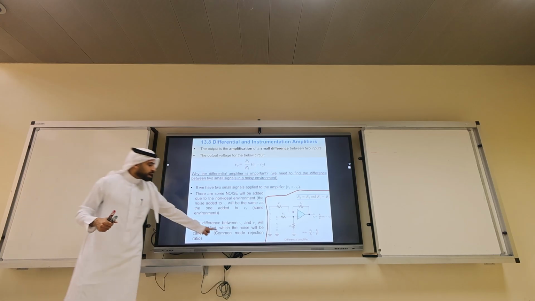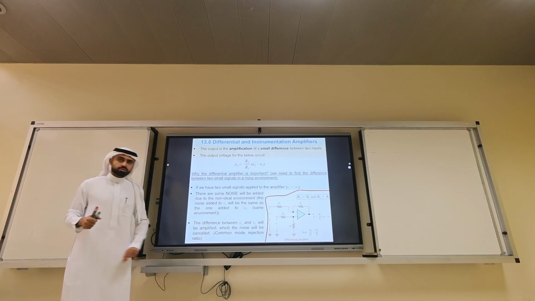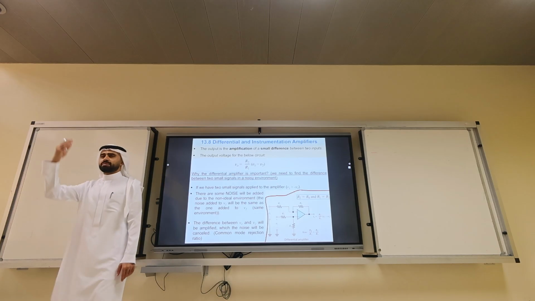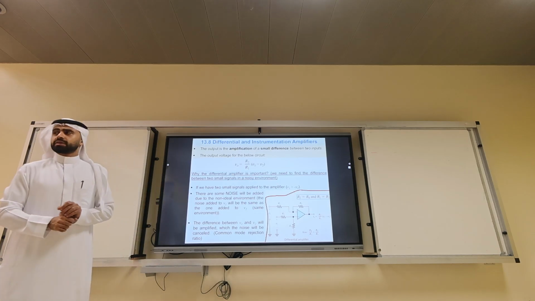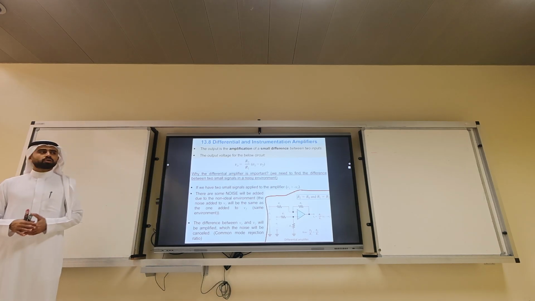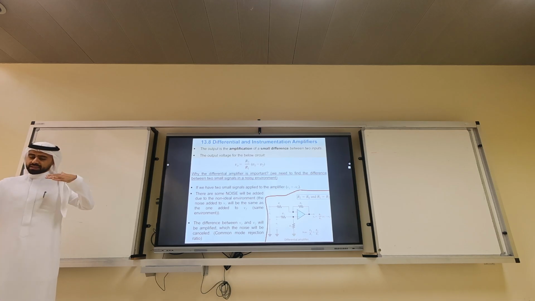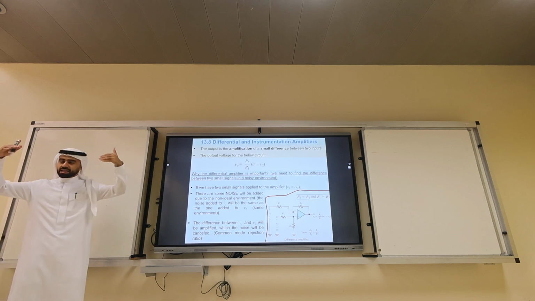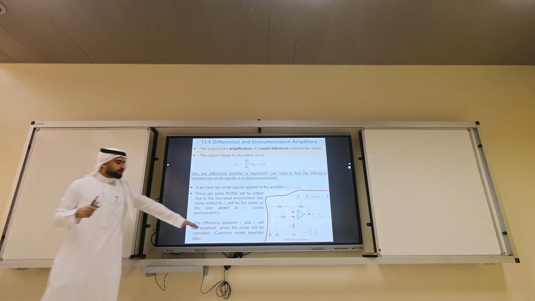We call it common mode rejection ratio. Common mode, what does common mode mean? Common means the same shared thing. So common mode, they have the same mode of environment. Think of it that way. Sensor 1 and sensor 2 in the same pipeline, in the same process.